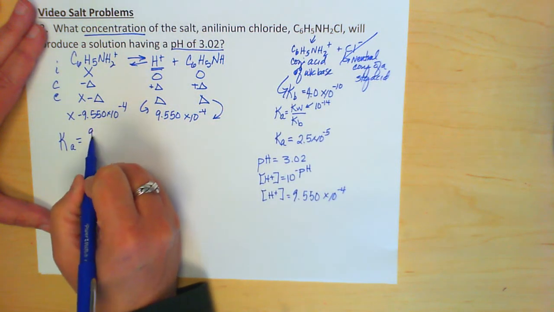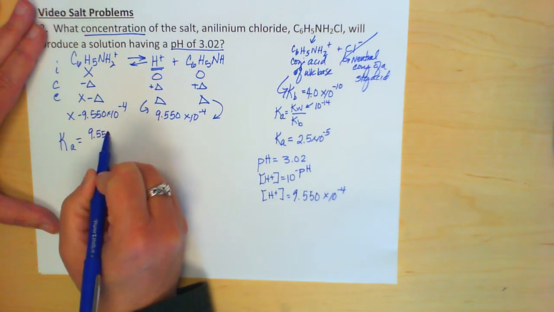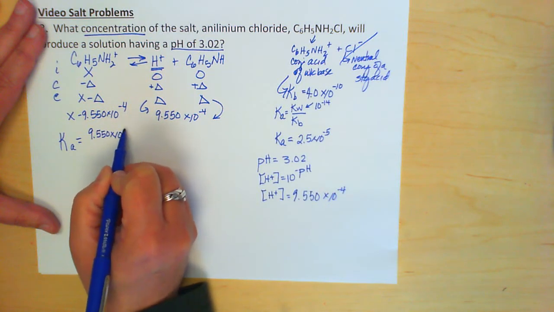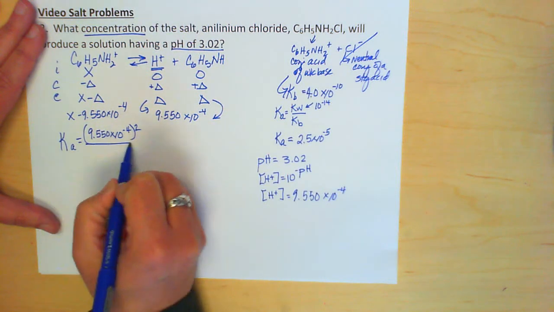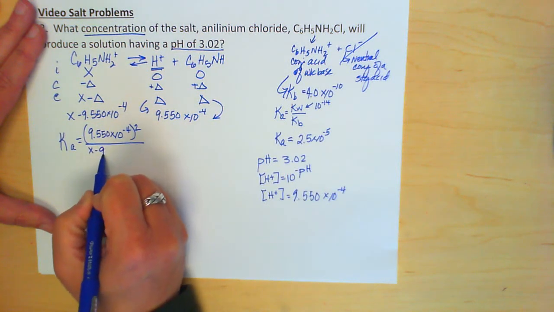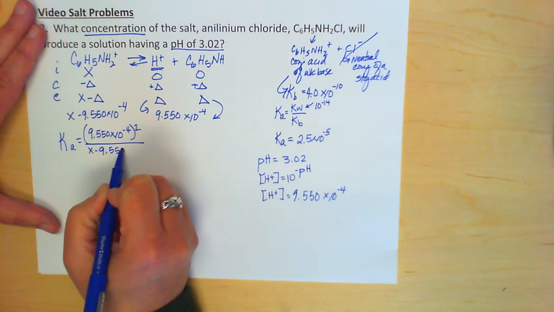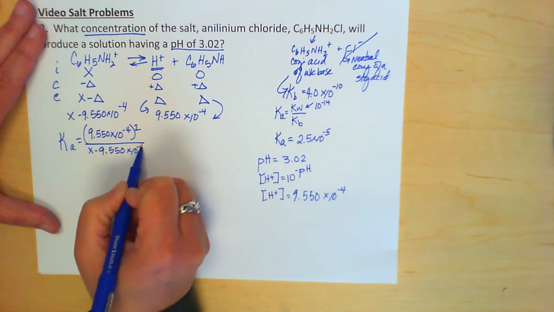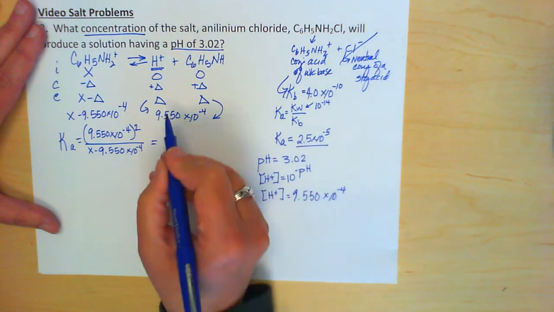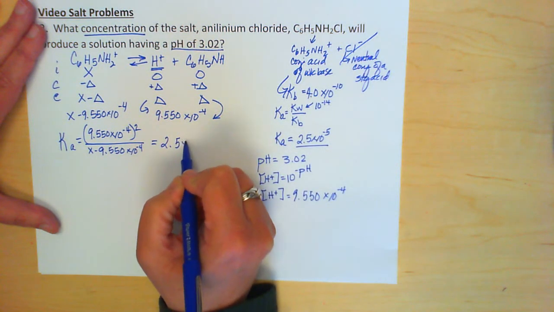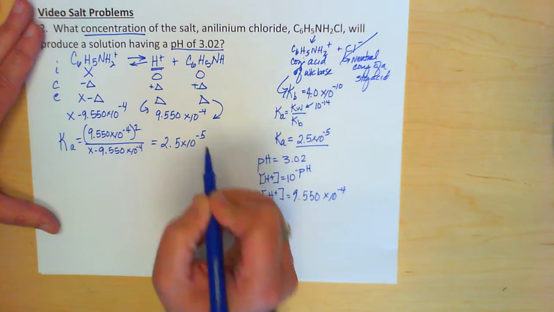So it's going to be 9.550 times 10 to the minus 4th squared divided by X minus 9.550 times 10 to the minus 4th is equal to, remember our Ka is over here, 2.5 times 10 to the minus 5th.